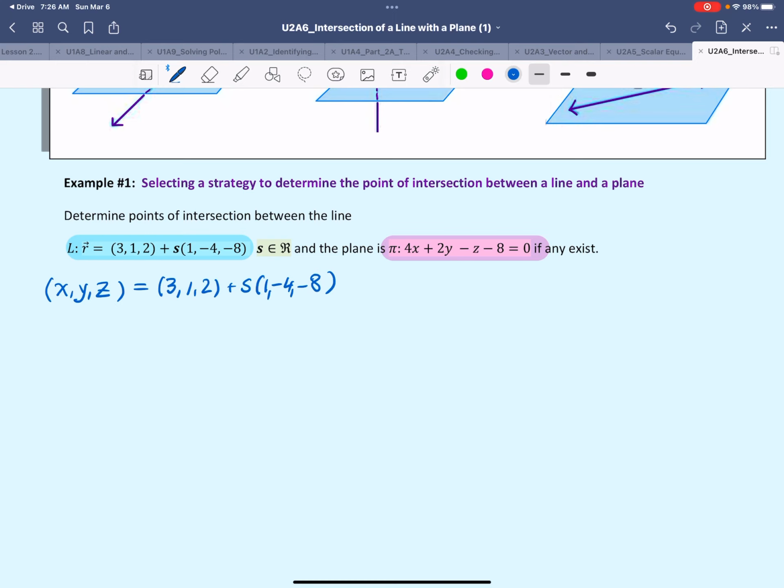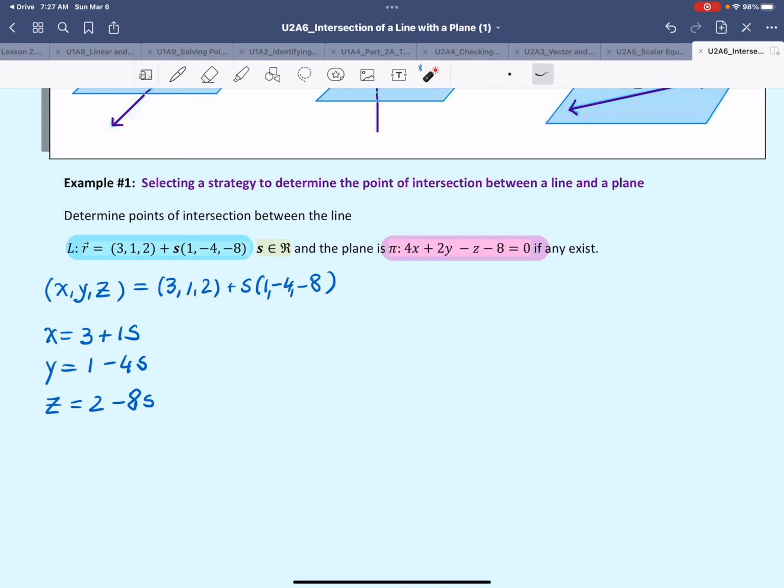So we have x equals 3 plus 1s. y equals 1 plus negative 4s, so 1 minus 4s, and z is 2 plus negative 8s, so z equals 2 minus 8s.